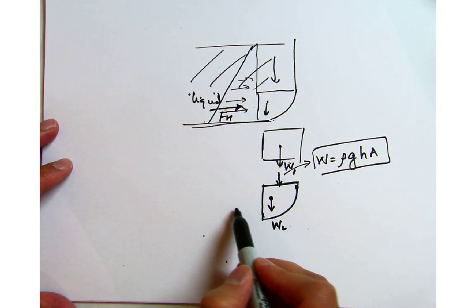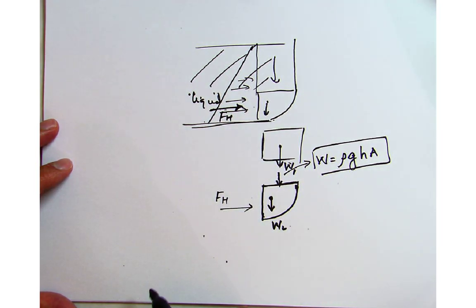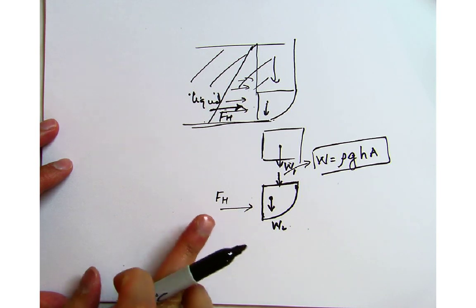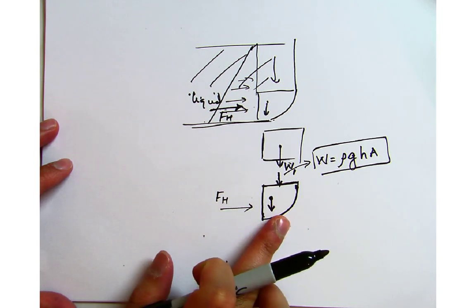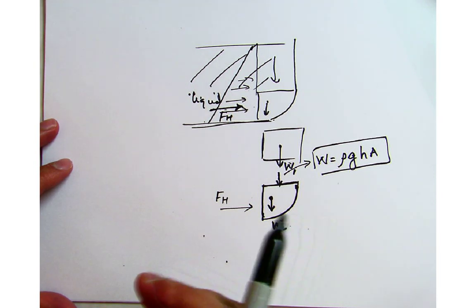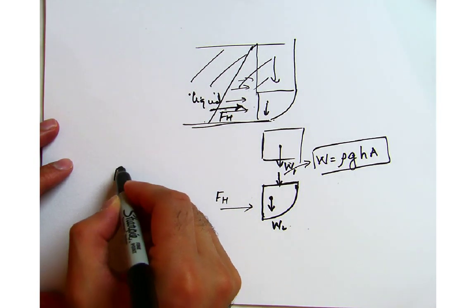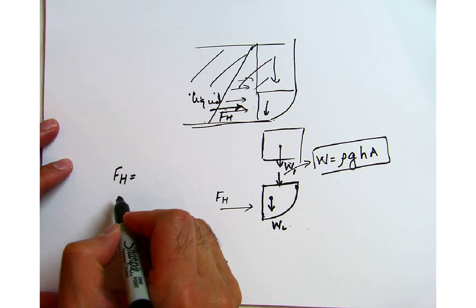This is the horizontal force, so F_H will be acting in this direction. We do know F_H is acting in this direction, but we don't know the location of that force.